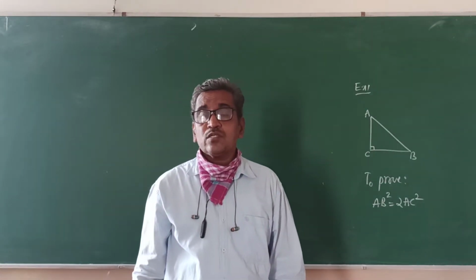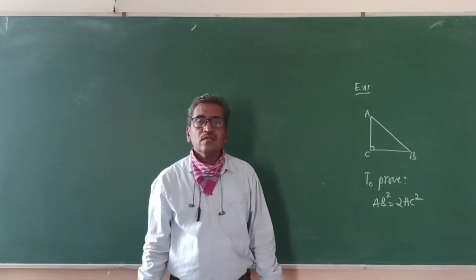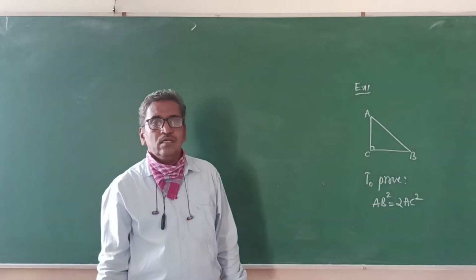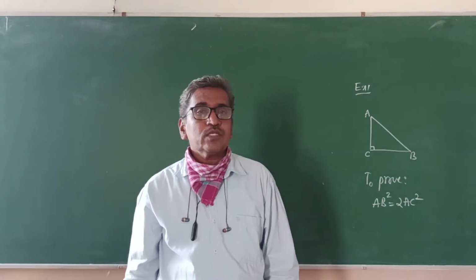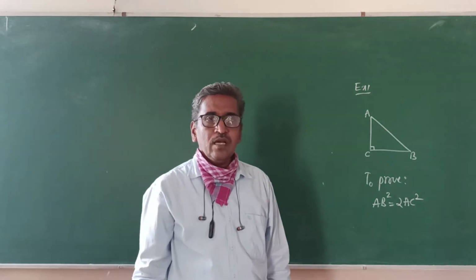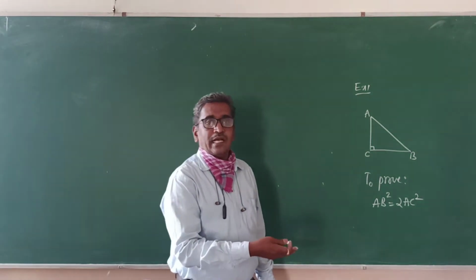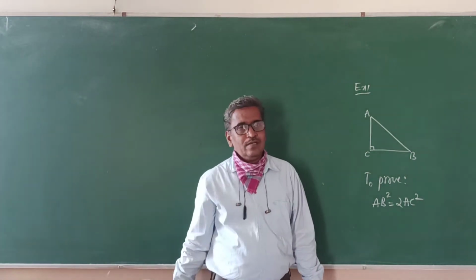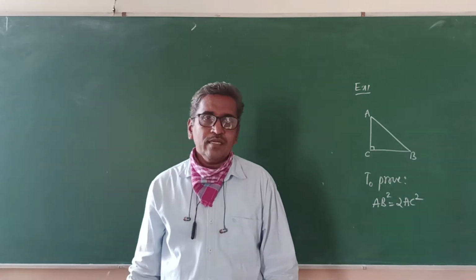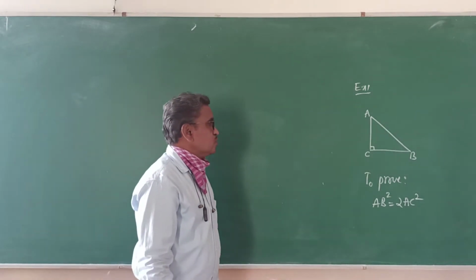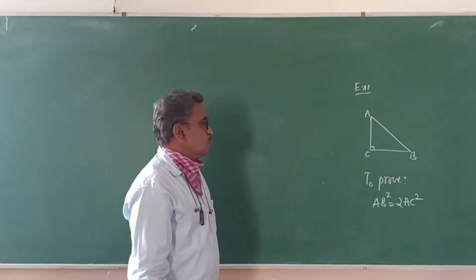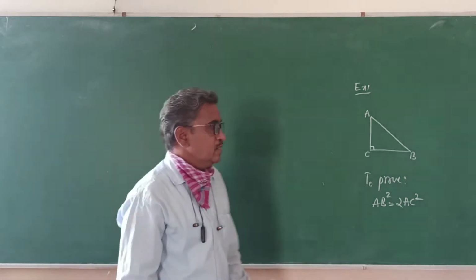Yes, what is an isosceles triangle? The triangle which is having two sides equal, then it is an isosceles triangle. This is isosceles right angled triangle where angle at C is 90 degree. Then to prove that AB square is equal to 2 times of AC square. Is it so?